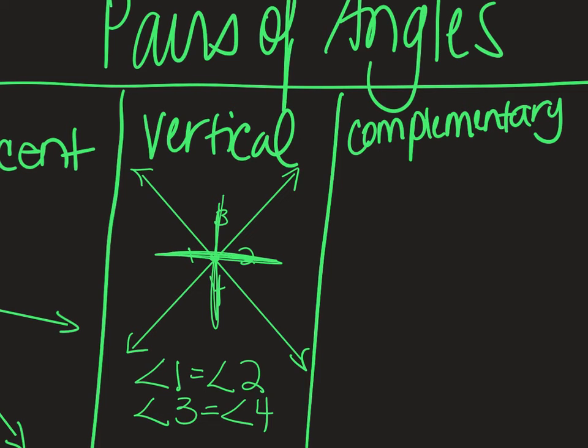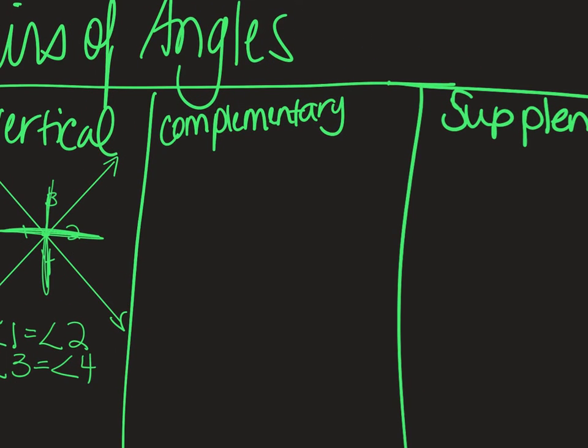All right. Now, complementary angles we talked about last year. Complementary angles involve right angles. You can complement someone 90 times, right? Because it's a right angle. And then you're going to have another angle coming out here.